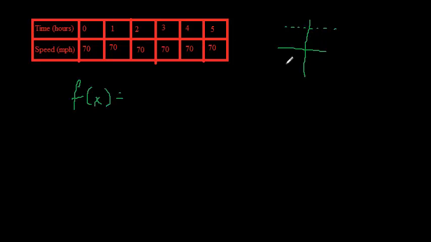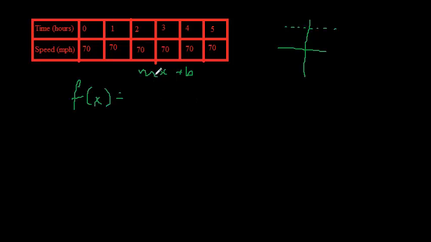That's a linear equation, so we should be fitting into the form mx plus b. Well, in this case, m, remember that is our change, our slope, and b is the y value of our y-intercept.